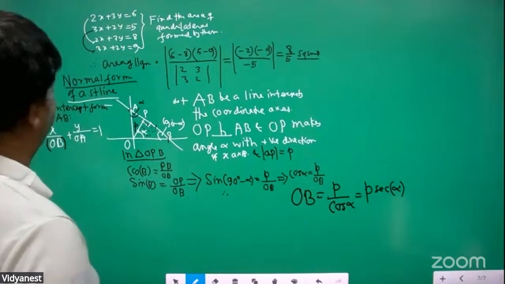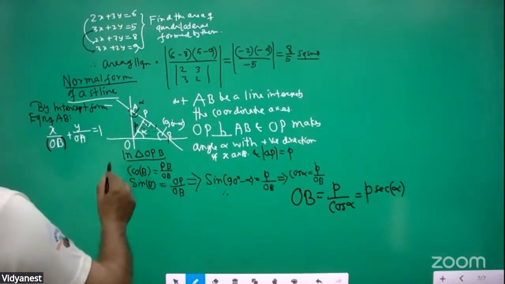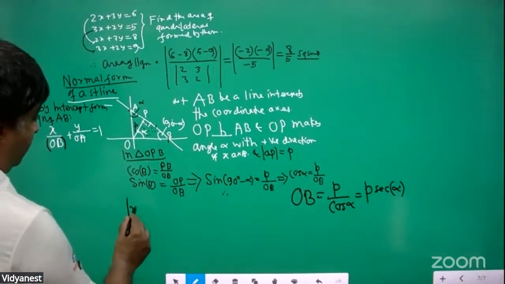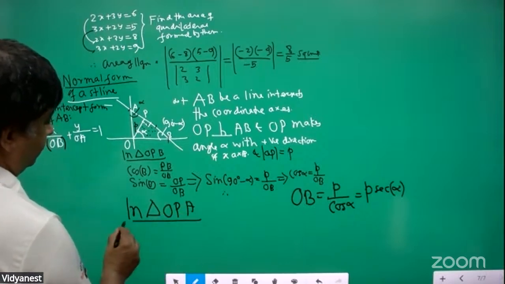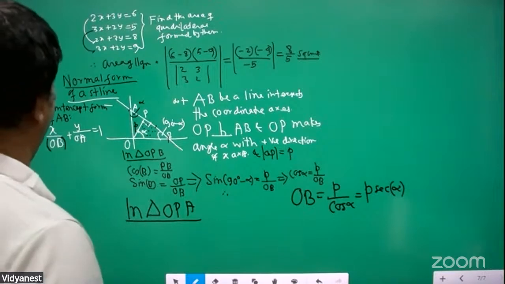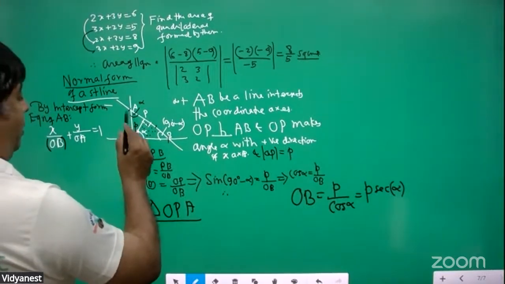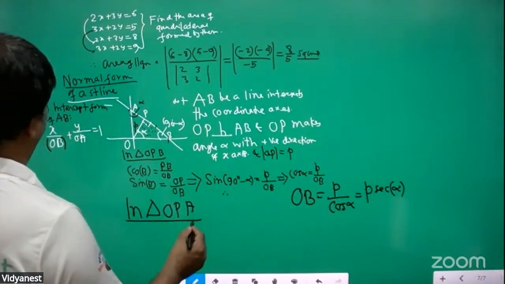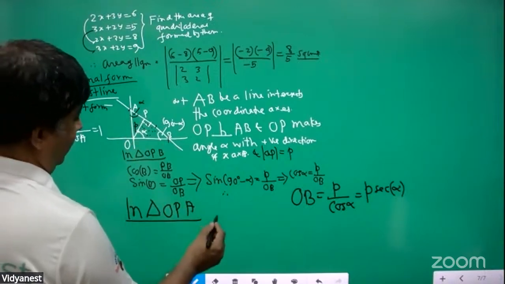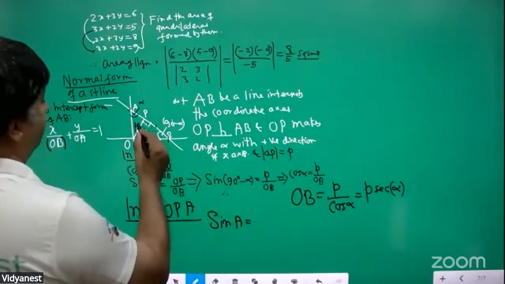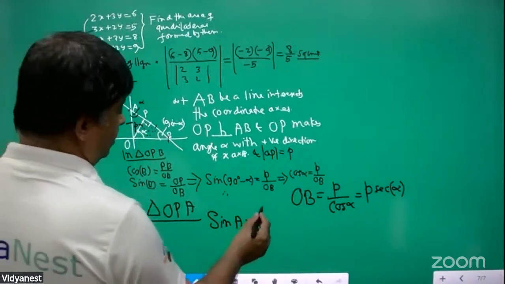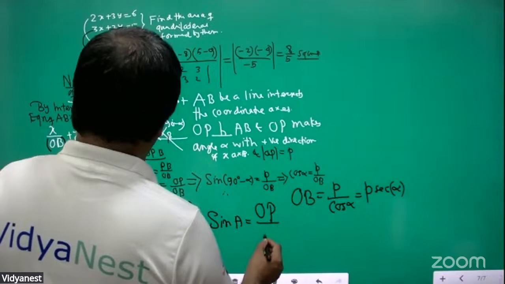Now, in triangle OPA, sin A is perpendicular by hypotenuse, OP by OA.